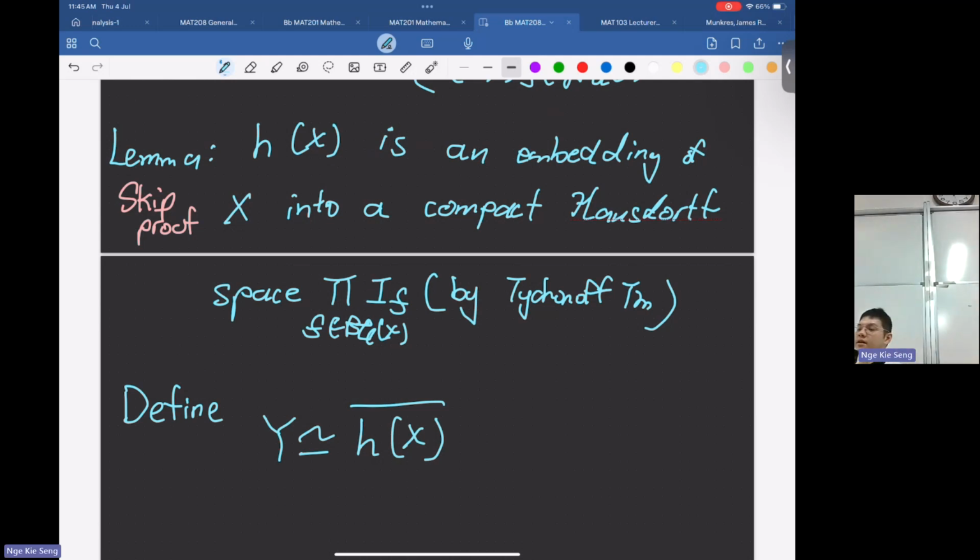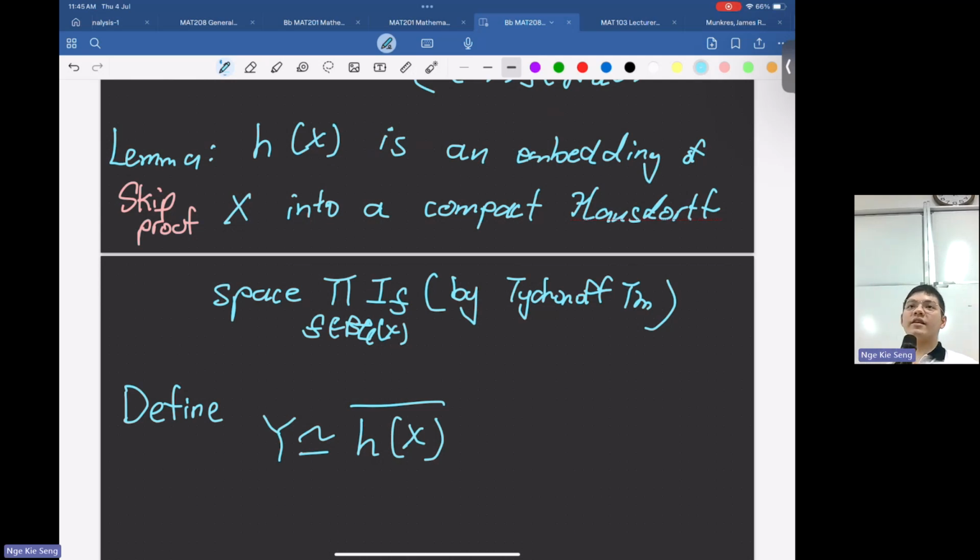Okay, closure of this embedding. Does it make sense?